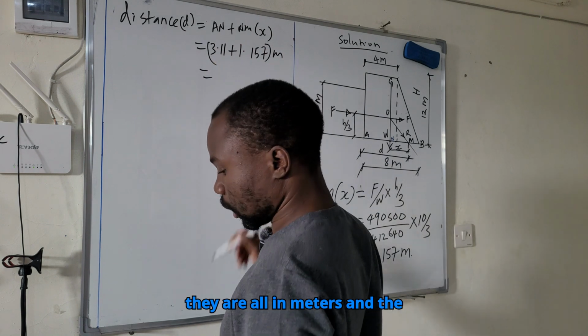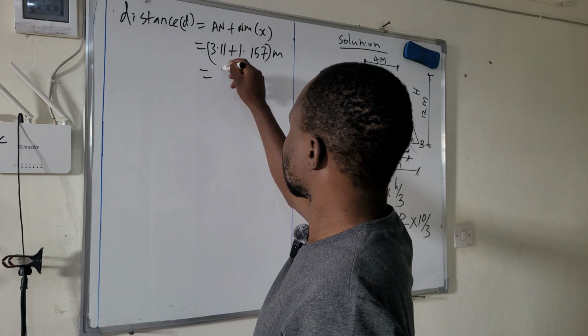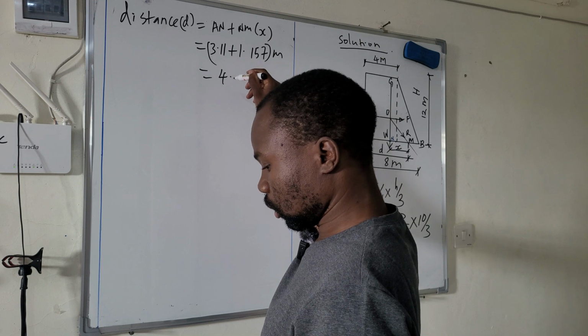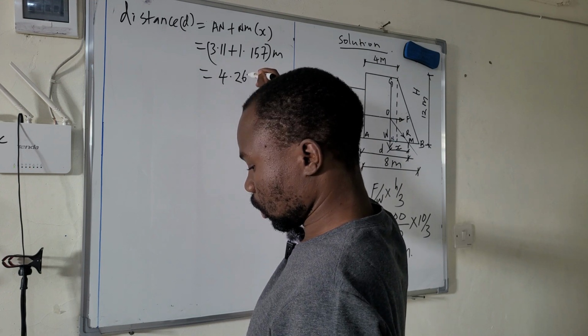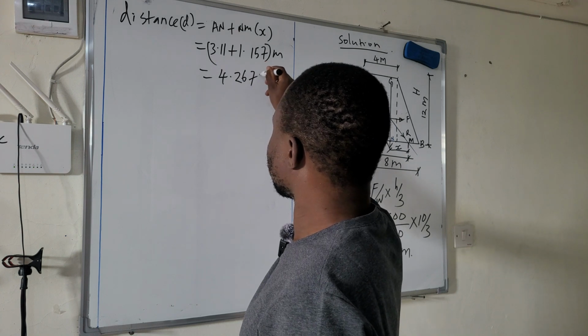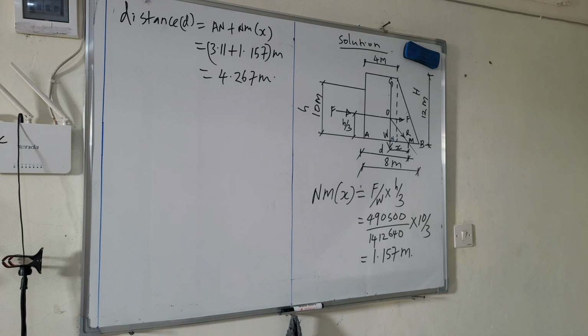They are all in meters, and the answer is 4.267 meters. So this is distance AN.